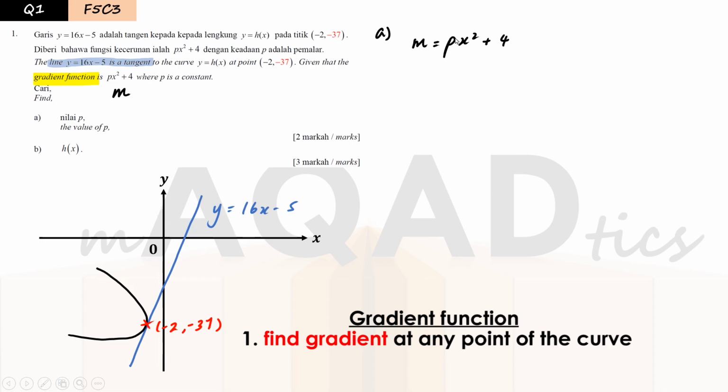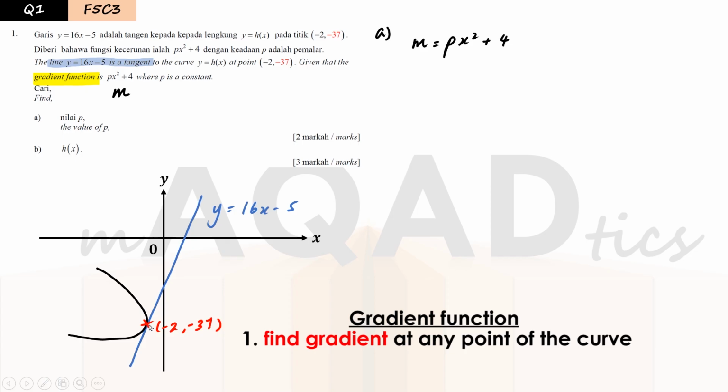And for the m, because this gradient function helps us to find the gradient of one point, and since that point we are using is -2, -37, we need to find the gradient of this point.